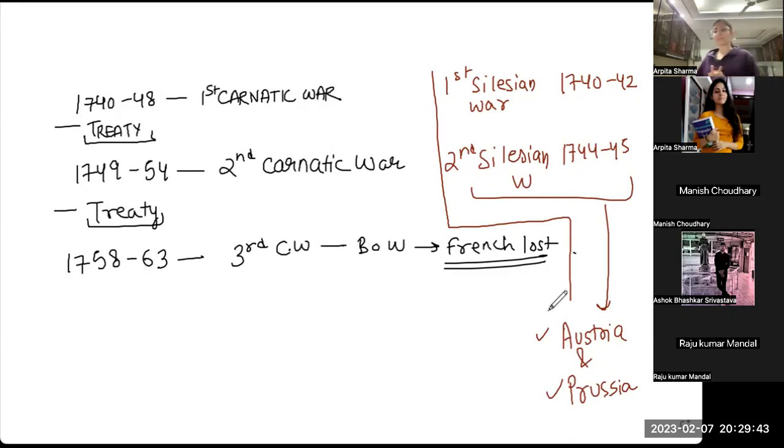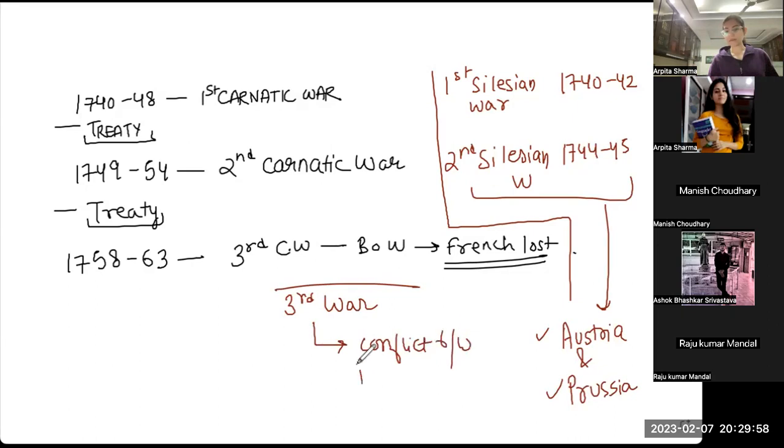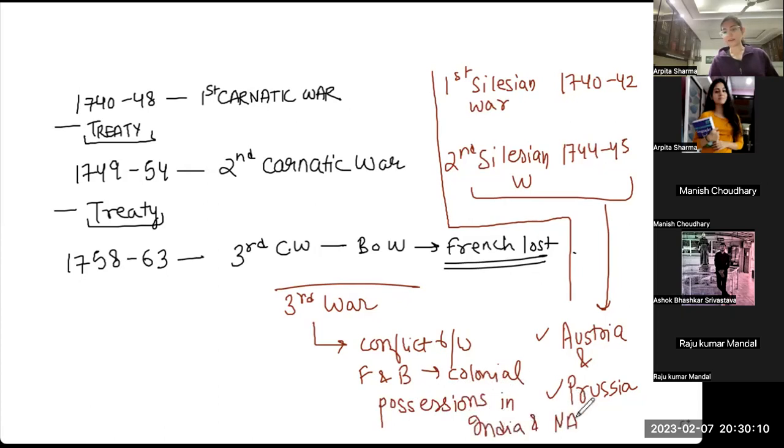Now you must be wondering, ma'am, first and second Silesian War, we understand it was around Austria and Prussia. What about the third? The third war, which was happening internationally, was centered around the conflict between France and Britain over the colonial possessions in India and North America. So in the first and second war, the French and the Britishers already had developed hatred towards each other.